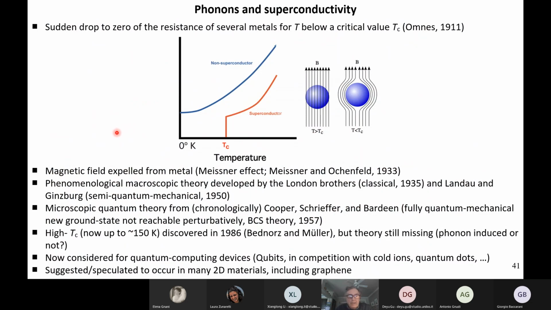Now, this is a little bit of a digression. This course is supposed to be about the theoretical and physical foundations of semiconductors and devices. Nowadays, there is a growing interest in quantum computing, about which I know next to nothing.